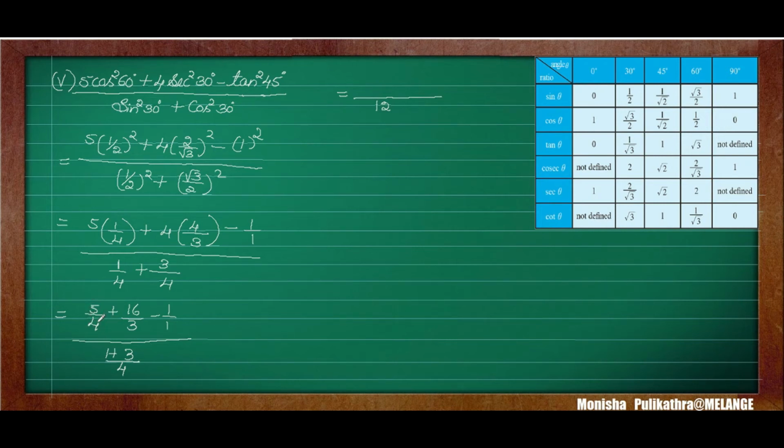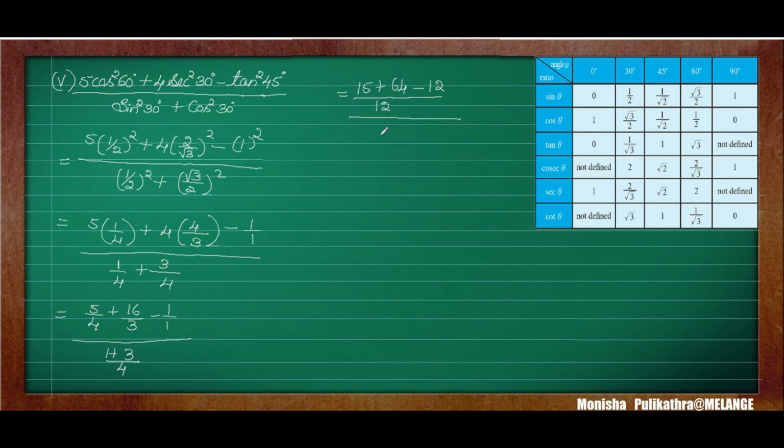Here 4 3s are 12. Only the denominator, you first divide it through the LCM, that is 4 3s are 12. 3 into 5 is 15, plus, the next ratio, here 3 4s are 12, 16 4s are 64, minus here 1 12s are 12, 12 into 1 is 12 itself.